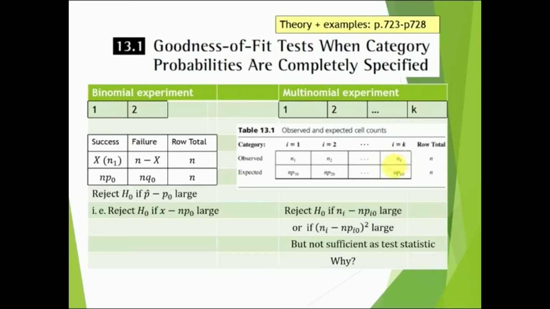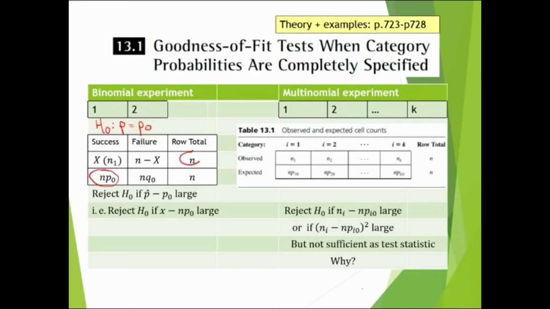So, according to our hypothesis, namely that the null hypothesis p0 is equal to a specific value, we have that the expected value of a success is the total number of trials times the probability specified under the null hypothesis.